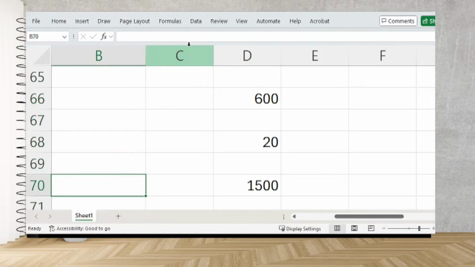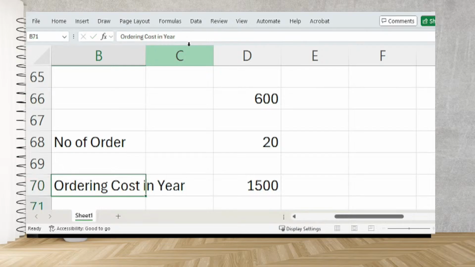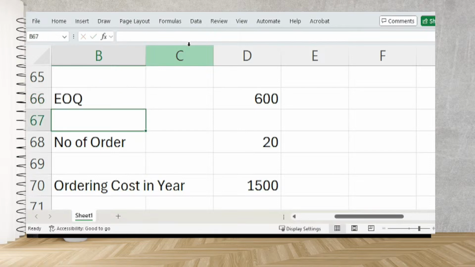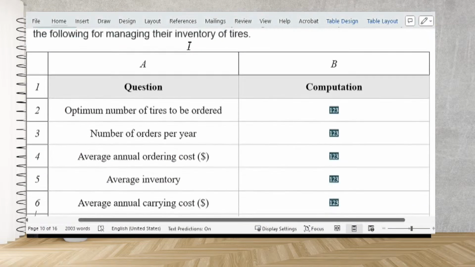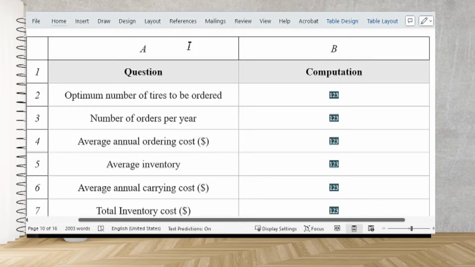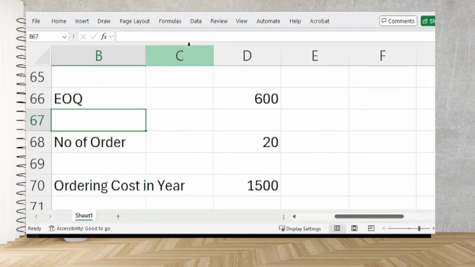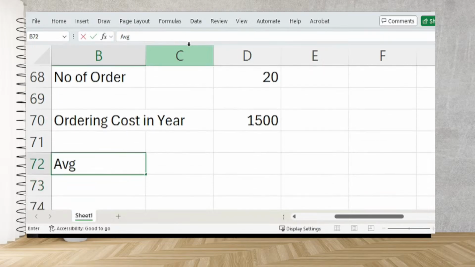Number of orders times ordering cost in a year. Then this is basically the EOQ. What is the next question? Average inventory. The average inventory is 600 divided by 2, equals 300 tires.